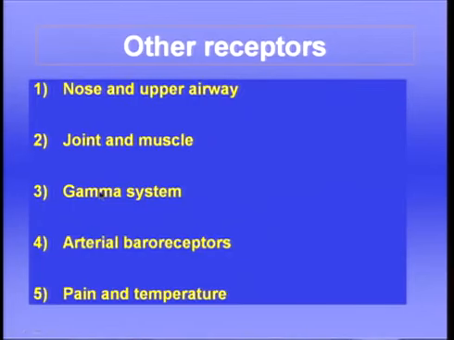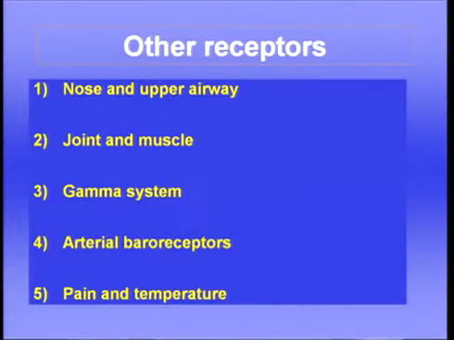There's a thing called the gamma system, which has to do with sensing the elongation of muscles. And some people believe that the gamma system may be important in the sensation of dyspnea. Dyspnea means the sensation of shortness of breath, difficulty with breathing, and some people think that the gamma system may be important there, although that's not certain.